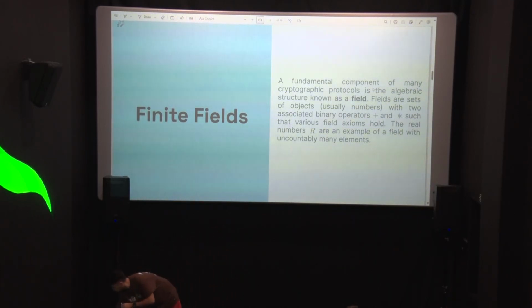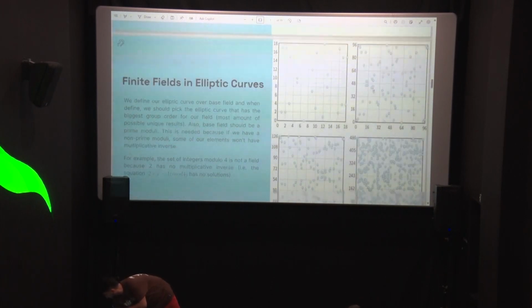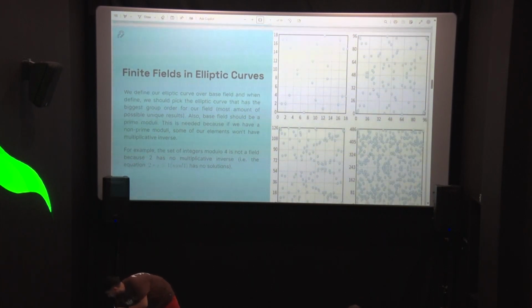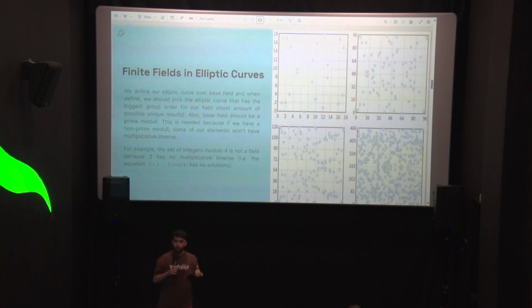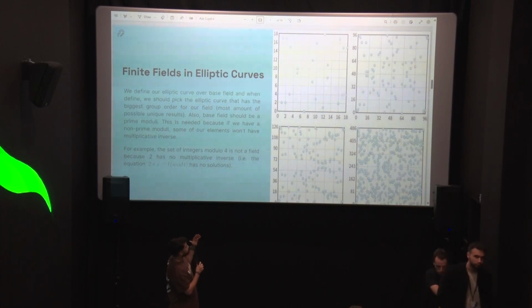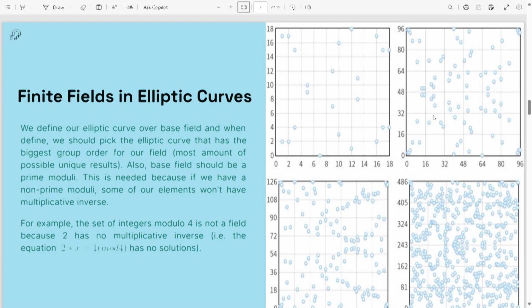Let me show the next one. At the first page, I told you that we construct our elliptic curves over finite fields. The first thing we have to do is choose a prime number, which will be our big prime number, our base field.